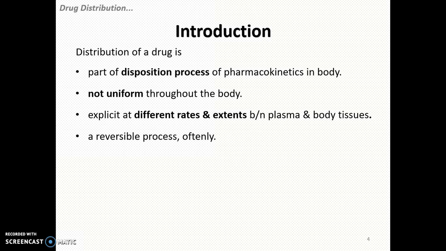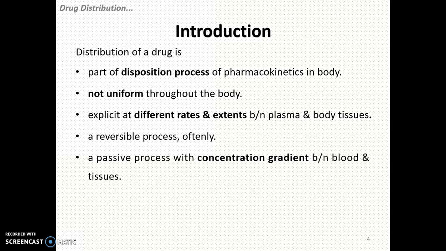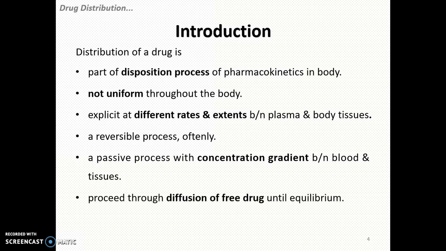It is often a reversible process. Along with that, we can say distribution of a drug is a passive process, because of the concentration gradient, which is the force driving distribution between blood and tissues.